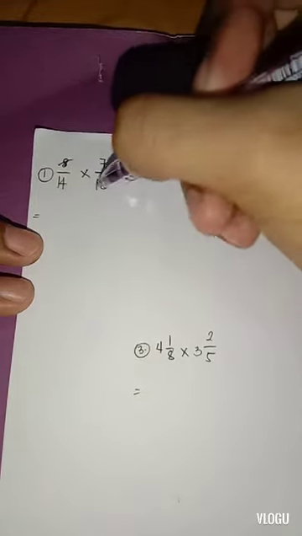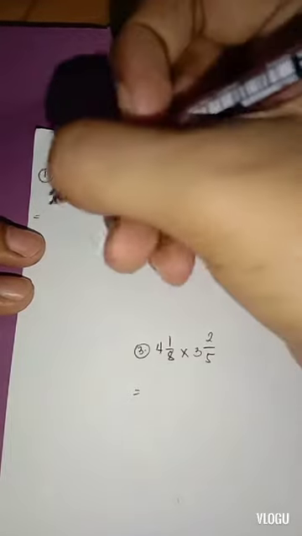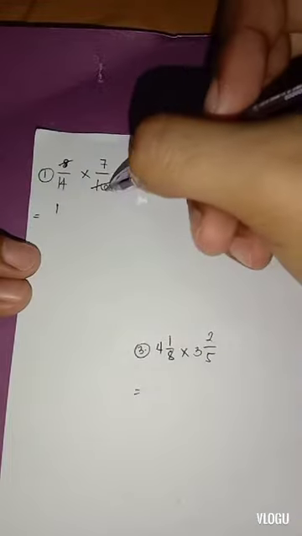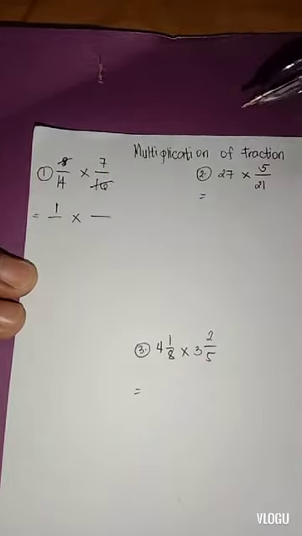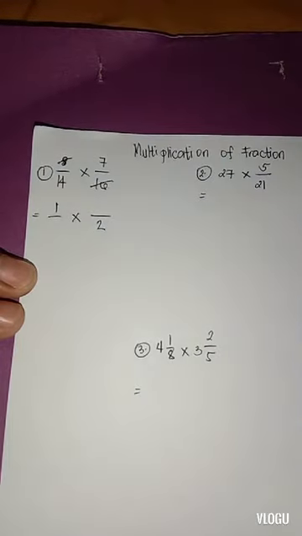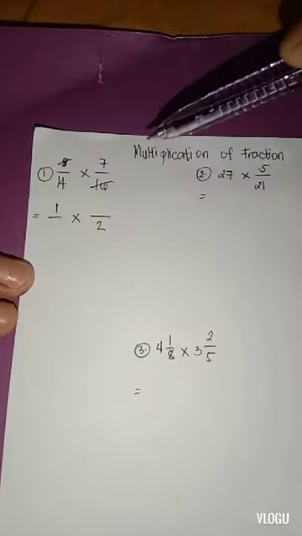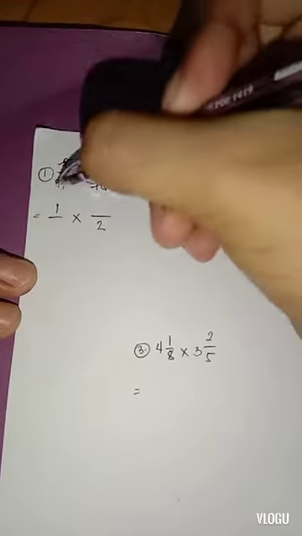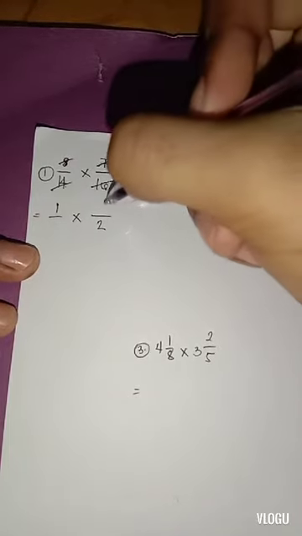So, 8 and 16. So, 8 divide 8, we have here 1. And then 16 divide 8, we have here 2. So, yan. Then, sa 7 and 14, pwede rin sila. So, therefore, cancel. So, 7 divide 7, we have here 1.